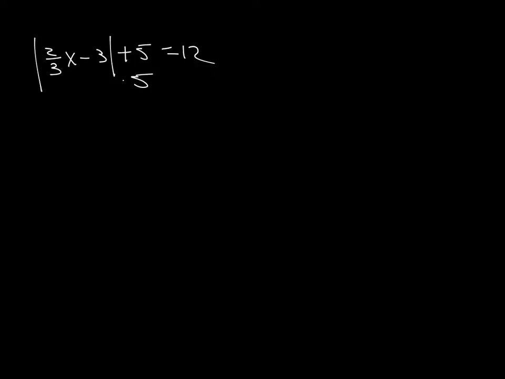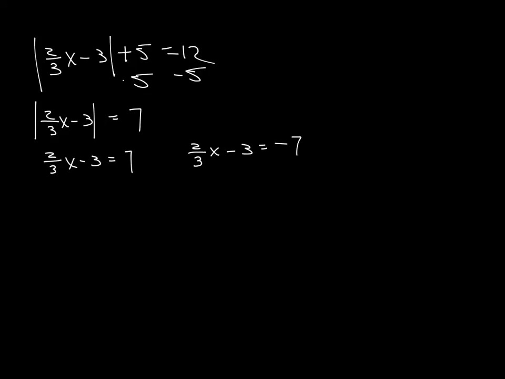So we're going to subtract 5 from both sides. Okay? Now we're going to say 2/3 x minus 3 equals 7, and 2/3 x minus 3 equals negative 7. Okay, then we're going to go ahead and solve this.